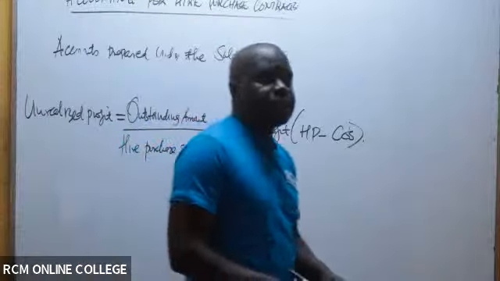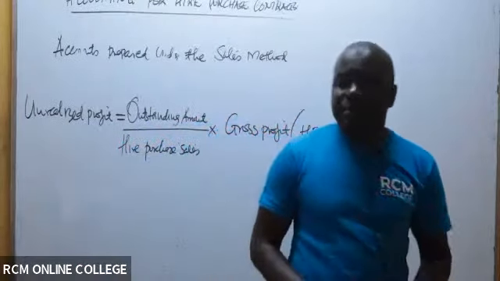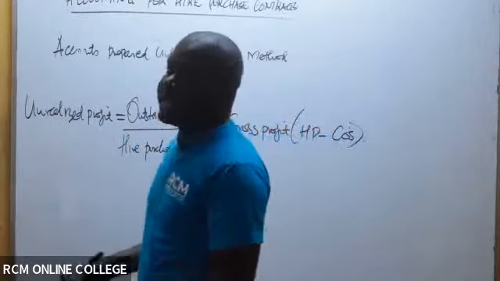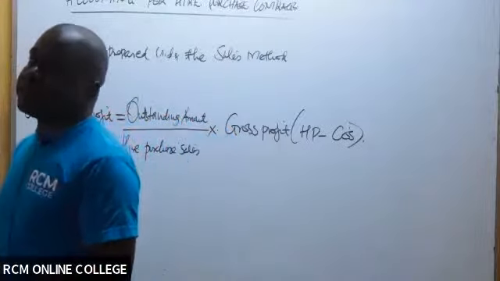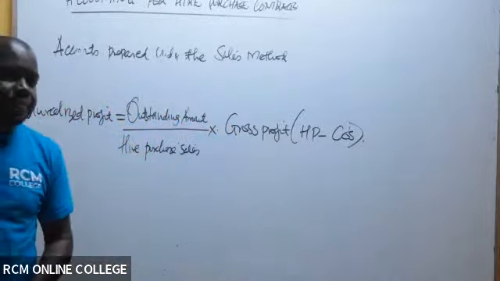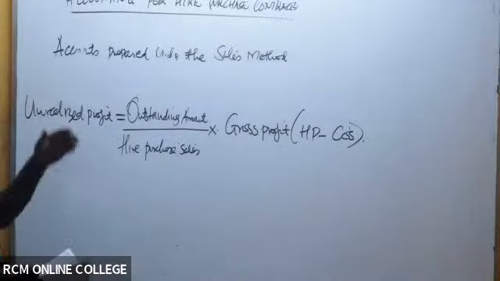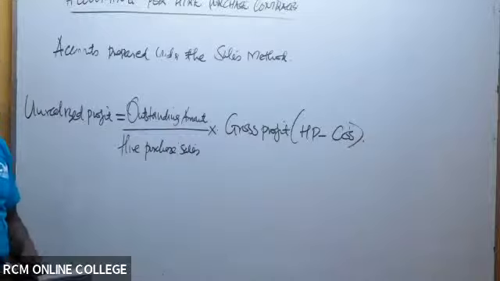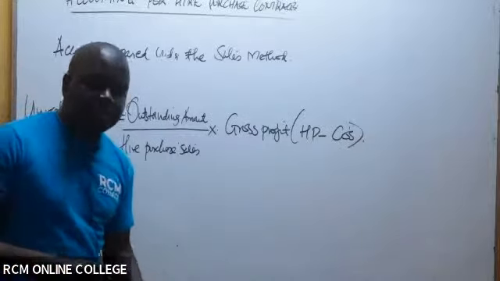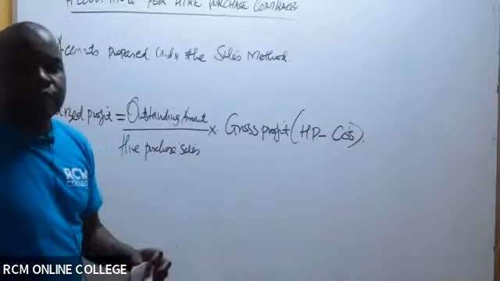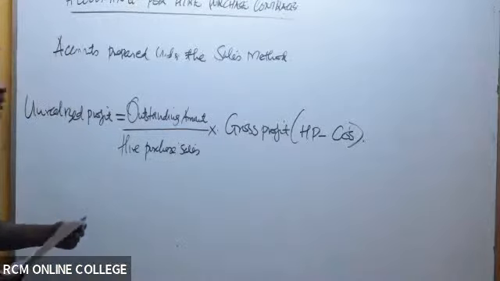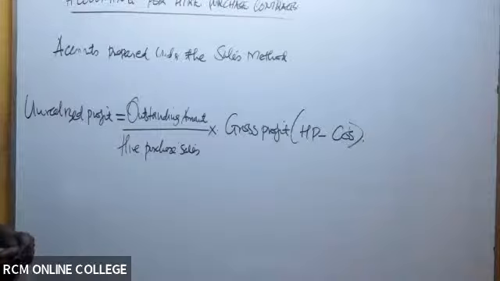Unrealized profit. And of course, if you never realize that profit, it becomes like in this case, a loss in your books of accounts. And therefore, when you are coming up with the income statement, this unrealized profit, in the income statement, we will deduct it, it will reduce our overall profits. Remember in this case, we only sold that one sofa set, and that client let us down, returned them.